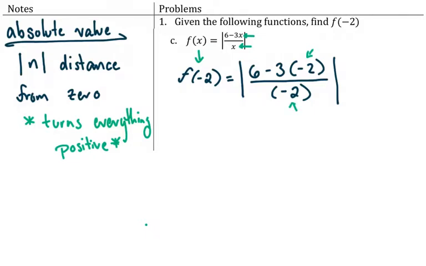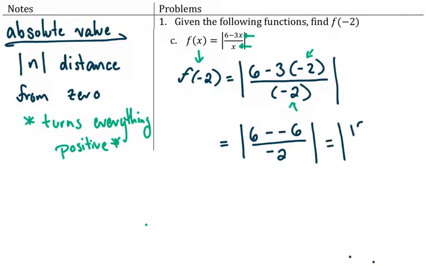Once we've done our substitution, though, it still follows the same path. We're just following our order of operations. 6 minus 3 times -2 becomes minus -6 over -2, which becomes the absolute value of 12 over -2, which becomes the absolute value of -6.